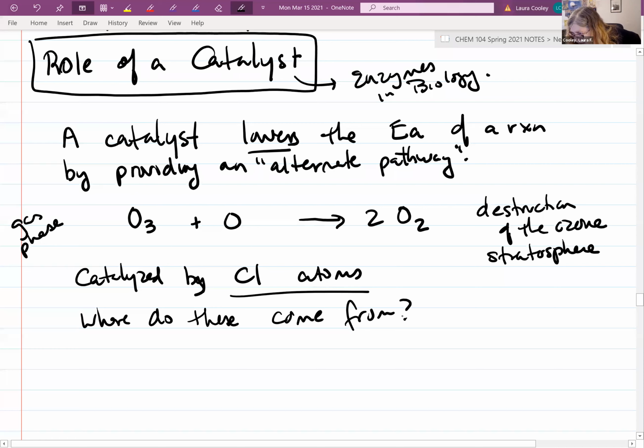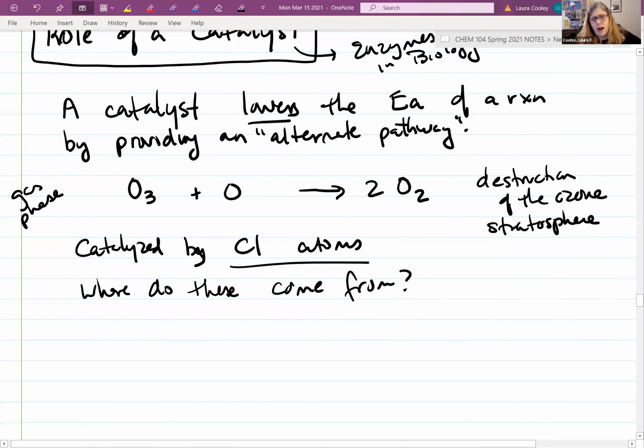Anybody here know what compound or what type of compounds promote the destruction of the ozone, and that's why we've changed certain chemicals that we use in certain situations? So, all right. Has anybody ever heard of CFCs? These are chlorofluorocarbons.